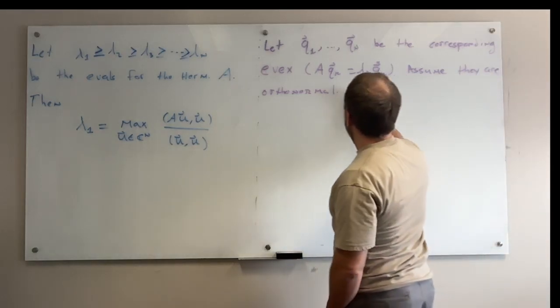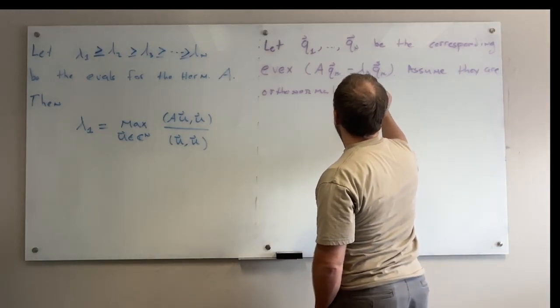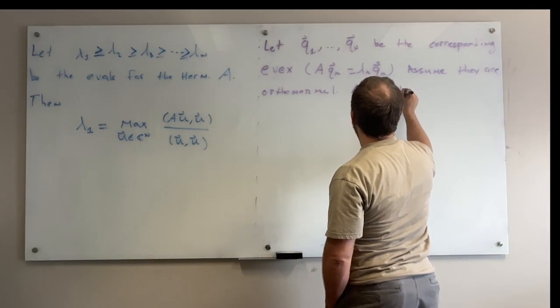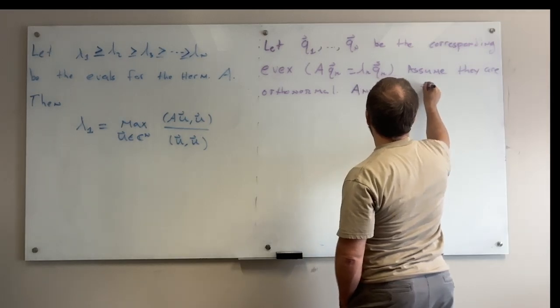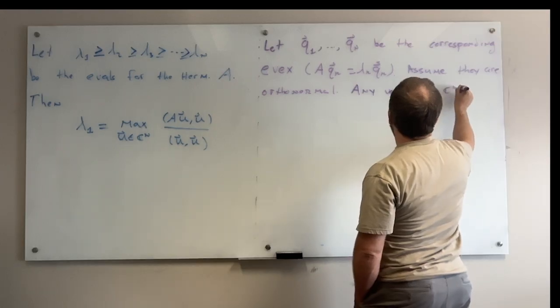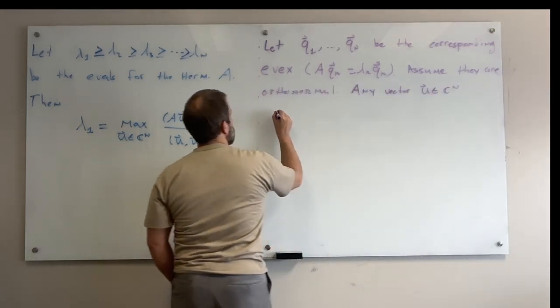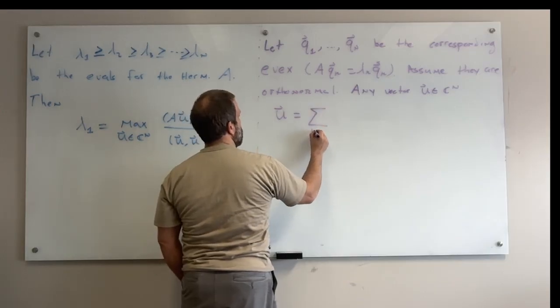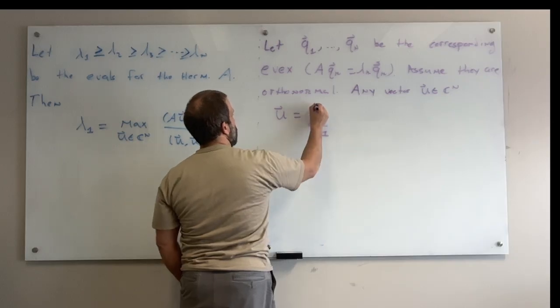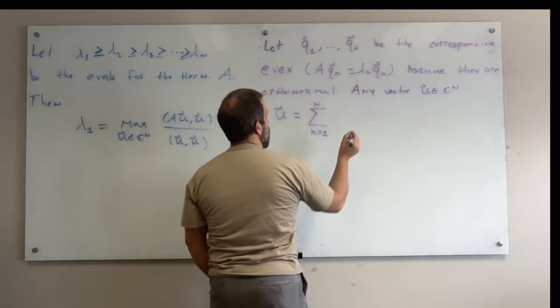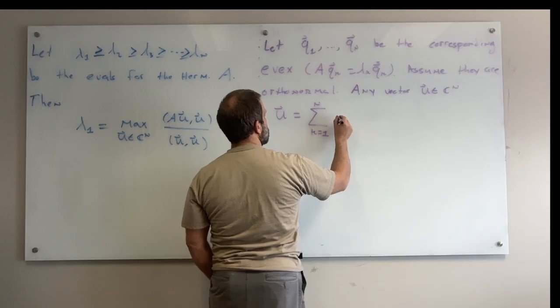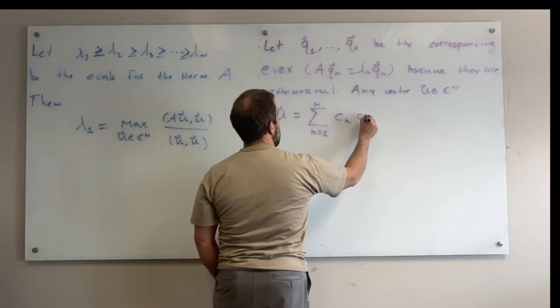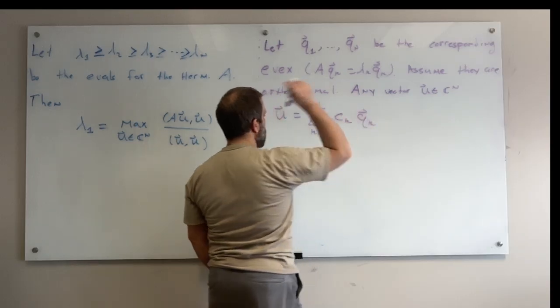Okay, any vector u in C^n can be written as the sum, k equals 1 to n, of ck times qk.